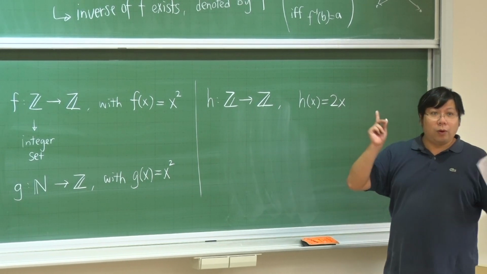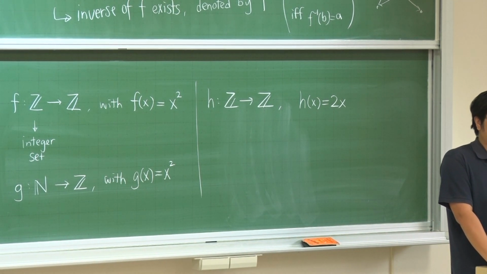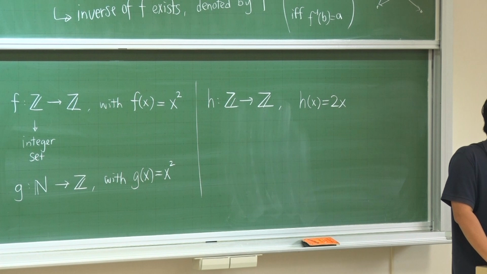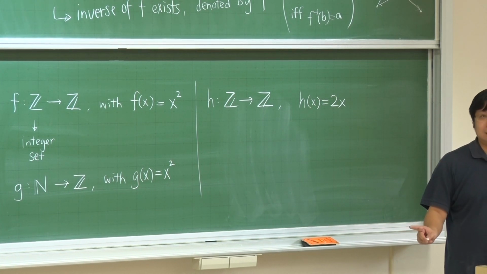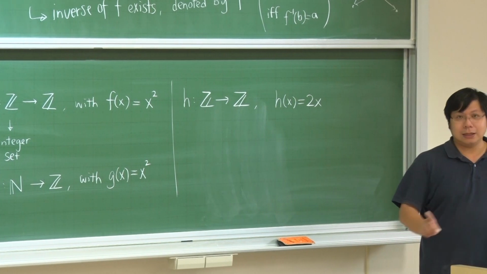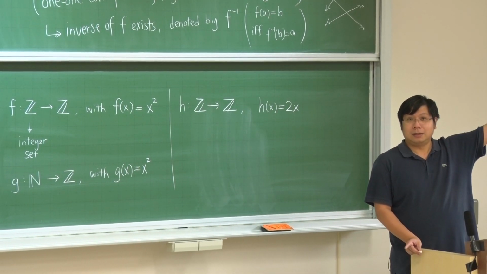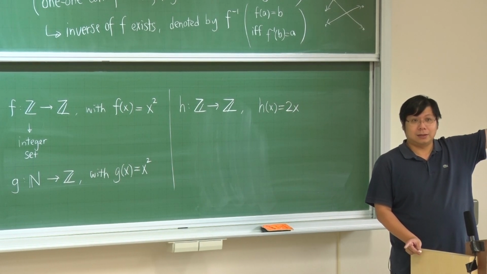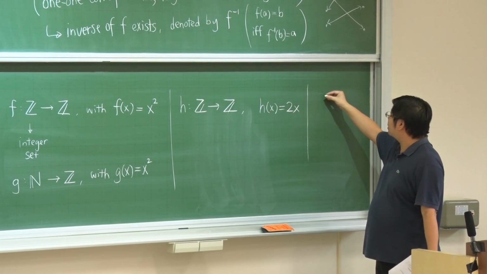So for all the odd numbers, you don't have any correspondence from the first set. So this is not onto. There is no integer x such that h of x is equal to 1. There's nothing.